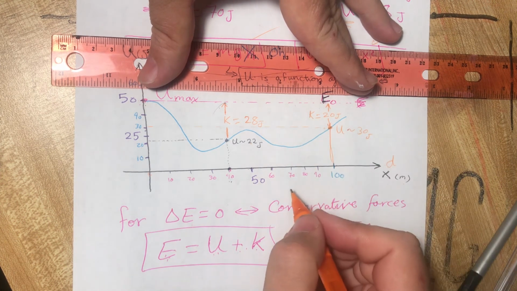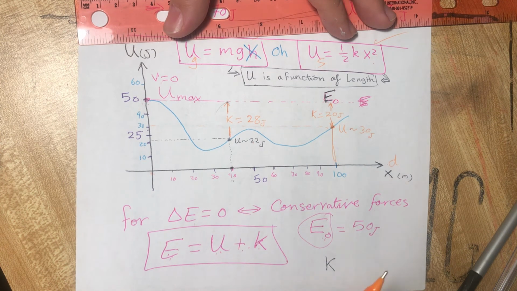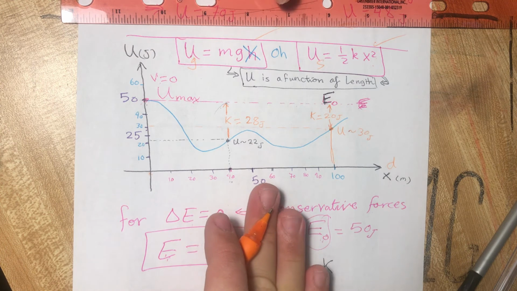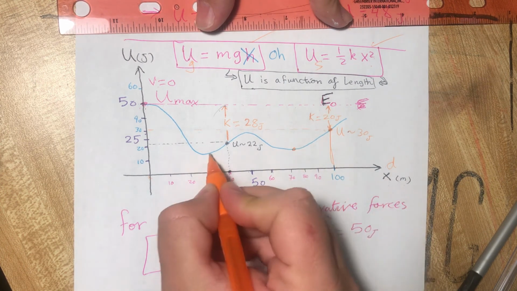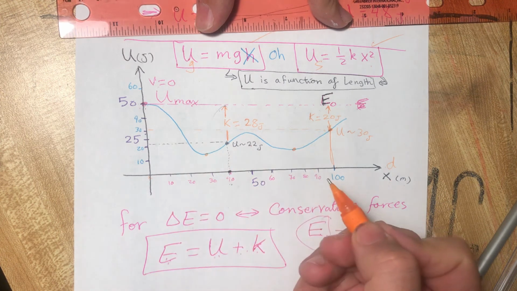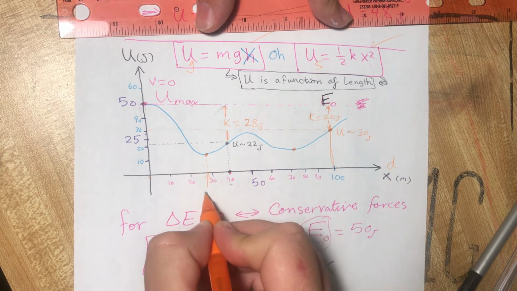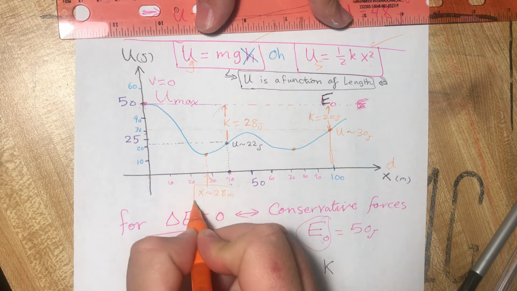Also, if I ask you how much the maximum kinetic energy and the maximum velocity are, the maximum kinetic energy means the minimum potential energy. Where is the minimum potential energy? Is it this point or this point? We can easily see that it is this point at x equal approximately 28 meters.